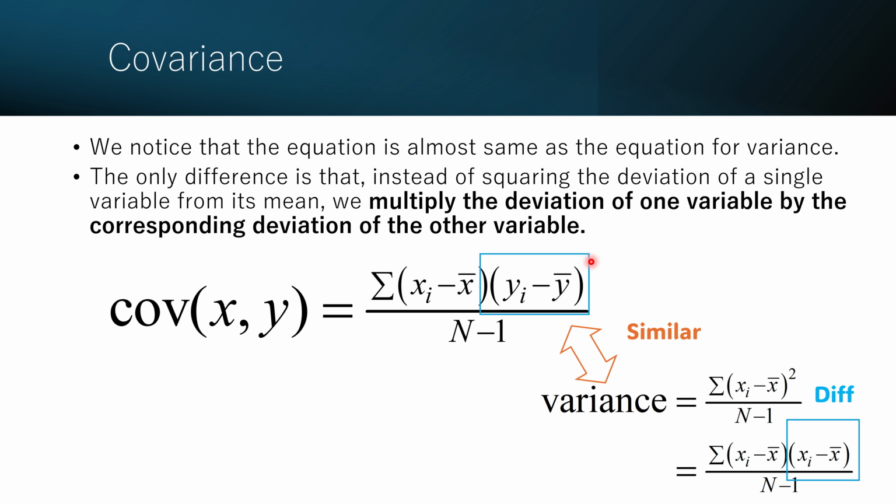They look almost identical, except that variance multiplies the deviation by itself, while covariance multiplies x's deviation by y's deviation. So variance is a special case of covariance, where both variables are the same.